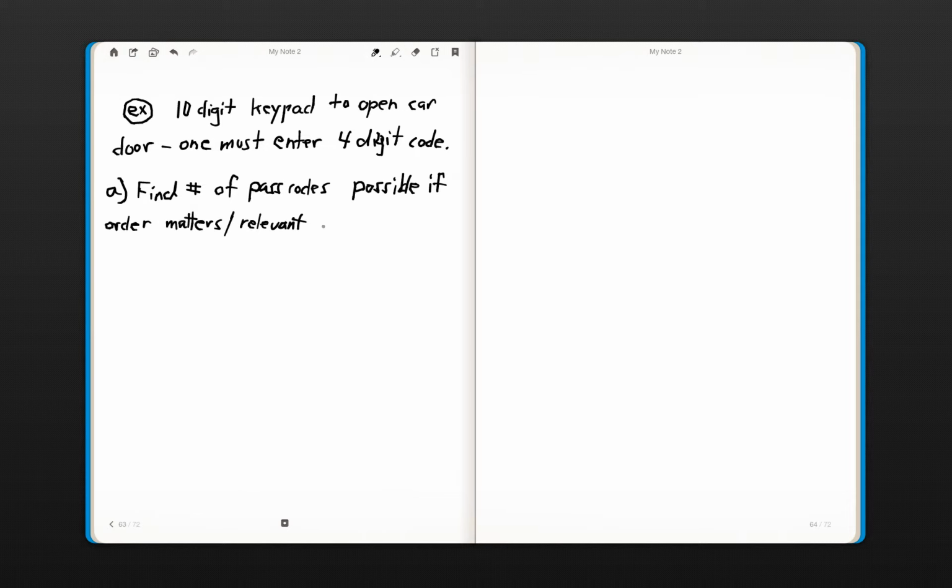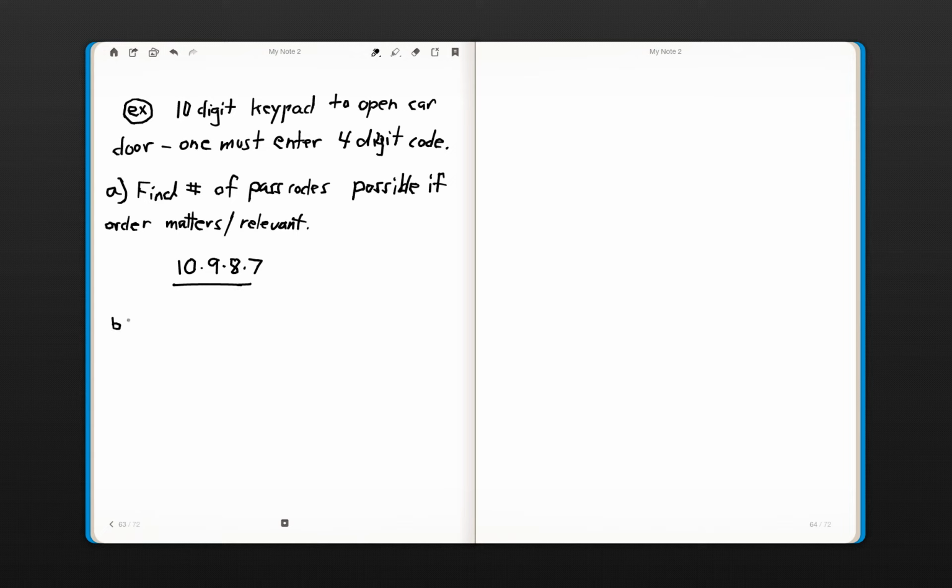So first find the number of passcodes possible if order matters or is relevant, which it normally is in opening a car door. Usually passcodes are order sensitive. So if you enter 1, 2, 3, 4, that would be a different code than entering 2, 1, 3, 4 or 4, 3, 2, 1. Okay, so this is realistic. If we have 10 digits, this would just be 10 times 9 times 8 times 7. Okay, so this is a permutation. It matters if order is different, so we need to count all the different orderings, and that's the final answer.